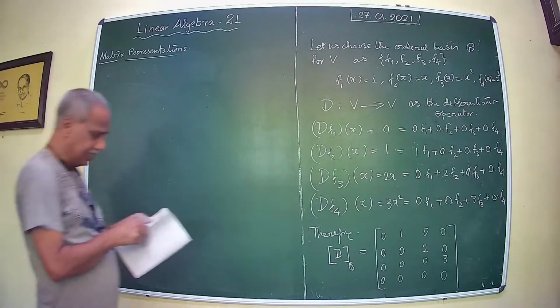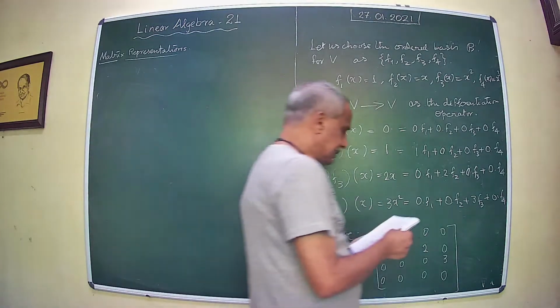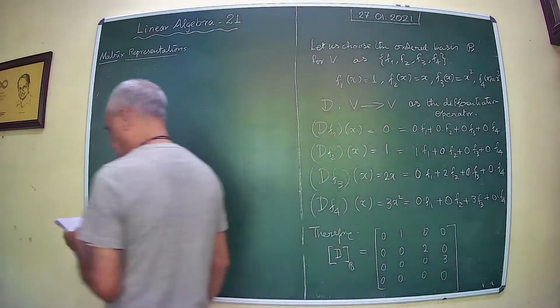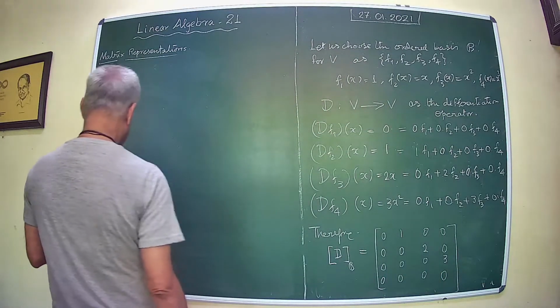Now we start with our basic assumption that there are 2 matrices.